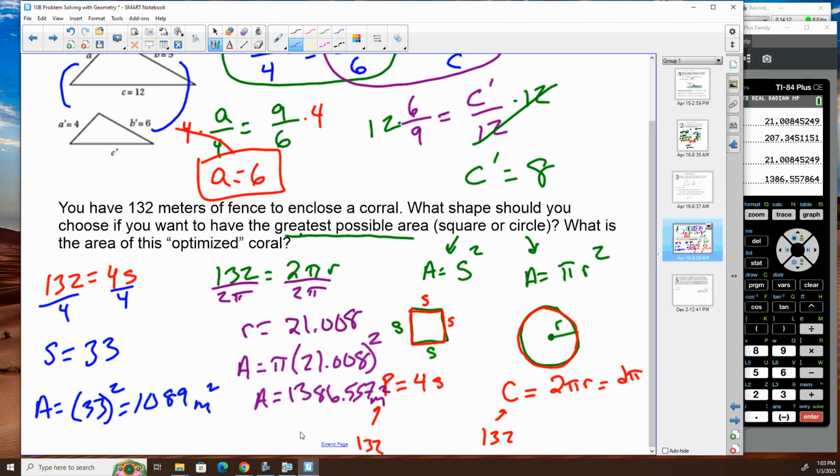So the one that's going to be bigger is the circle. So the circle is the one that will optimize or make it so you have the largest corral available with the 132 meters of fencing available. And if your question says how much larger, you could just subtract these two areas and find out how much larger it is.